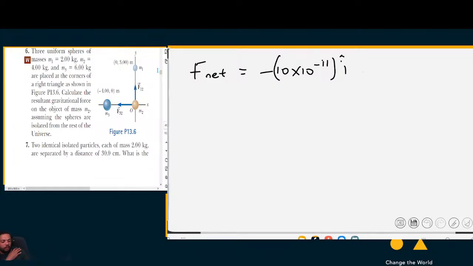That's negative i, plus, and then of course in the j hat direction, 5.93 times 10 to the negative 11, positive j hat direction.